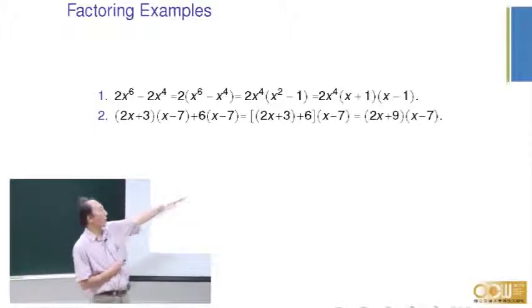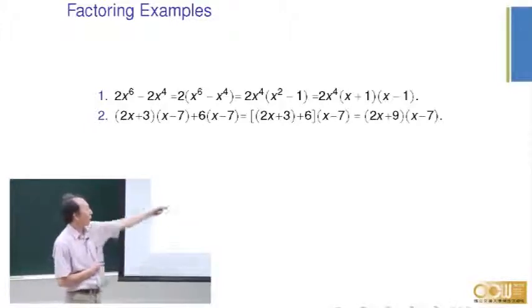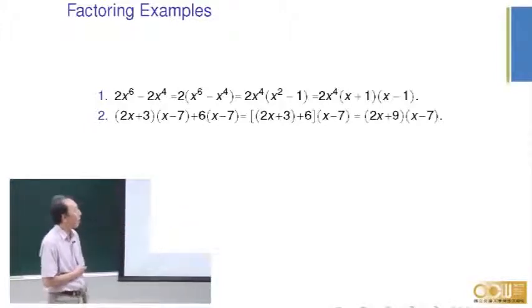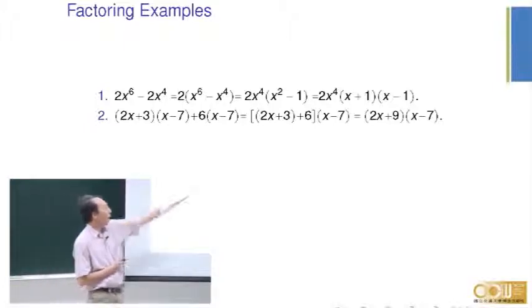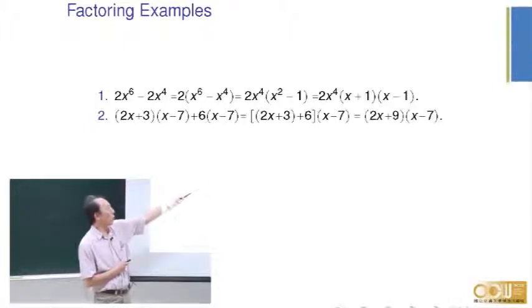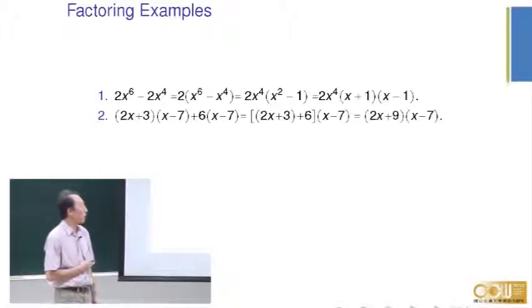In the last identity, I'm just using the associative law to add up the scalar terms 3 and 6, which is 9.